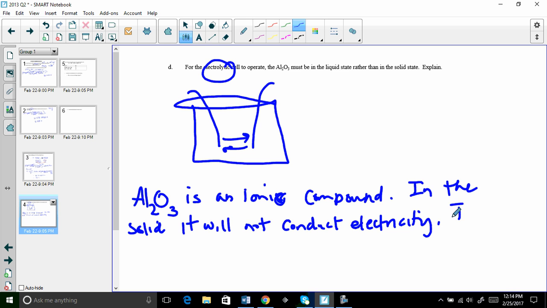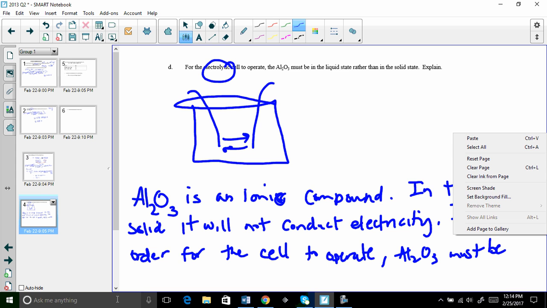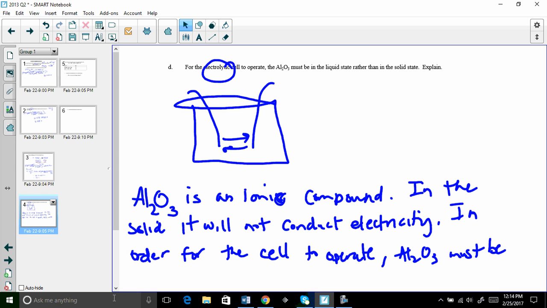So, again, this is right off the scoring guidelines, in order for the cell to operate, Al2O3 must be in the liquid state, or you need to melt it, or molten, whichever word you prefer.